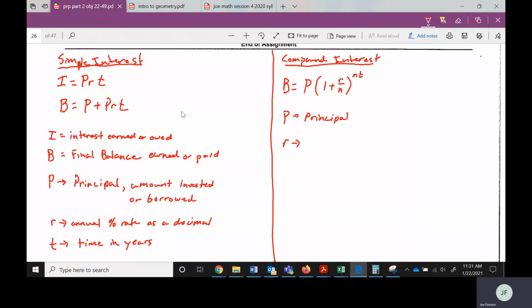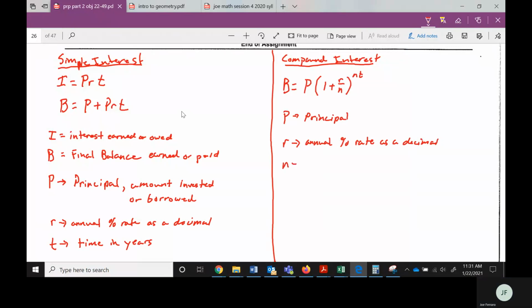R, again, that's the annual percent rate as a decimal. Okay.